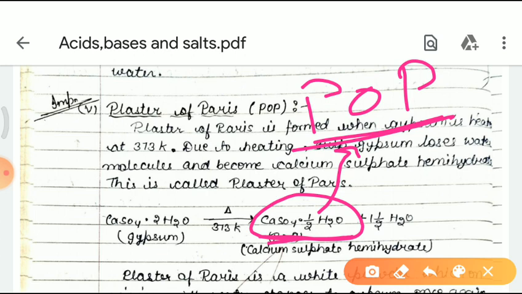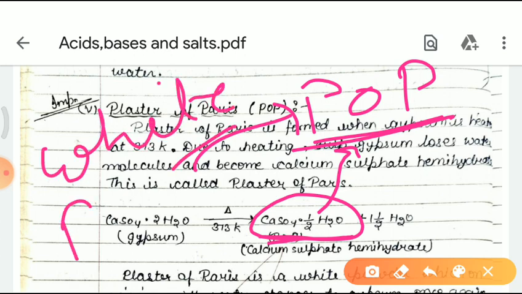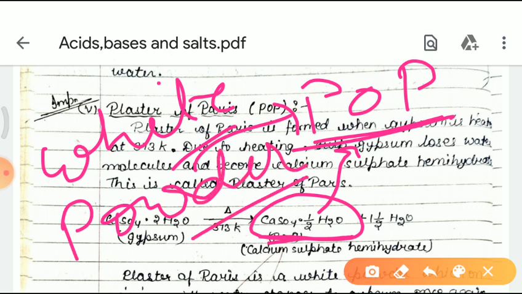Whenever gypsum is heated at 373 Kelvin, at that time POP is formed, and this POP is a white powder. This POP is present in the form of white powder, right? This white powder we buy from the market, right?